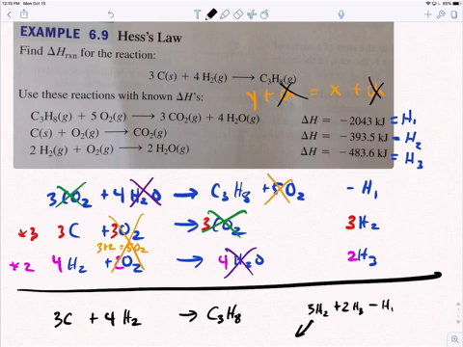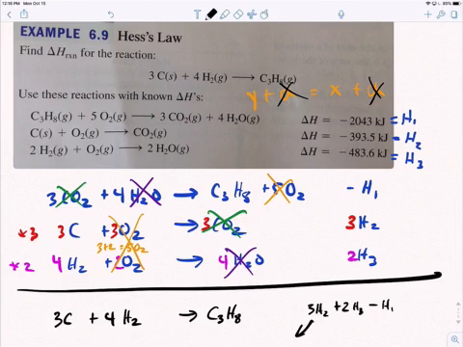The other way you could attack this problem is you could start off with the burning of propane, and then look to get rid of the other things. You still need the reactants, but I could logically attack this problem saying, I want to get rid of this water and this carbon dioxide from this equation.